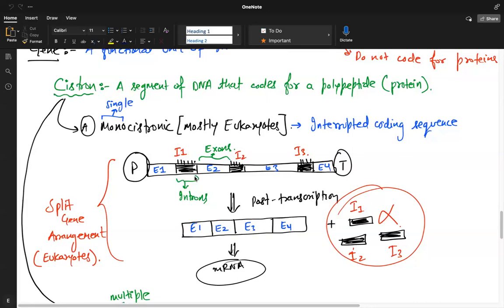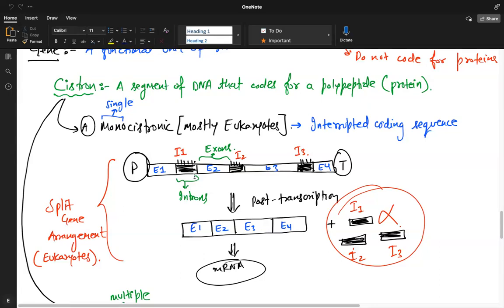There are many hypotheses and theories around it, and some of these theories are being tested to see which makes more sense. But the fact that you have introns and exons, and then you have to cut out all the introns during post-transcriptional modifications, is a very energy consuming process. We are using lots and lots of energy just to make mRNA, right?